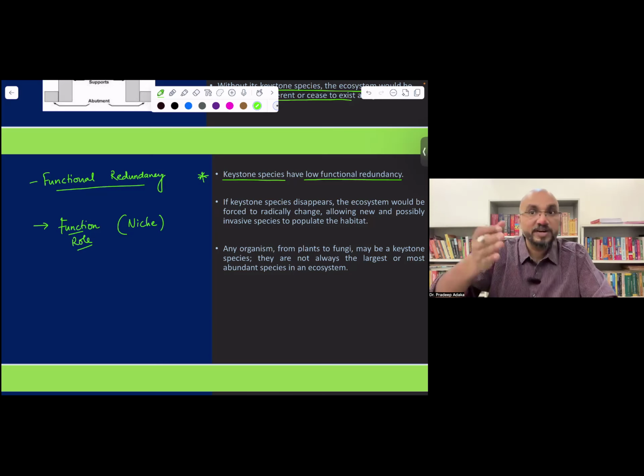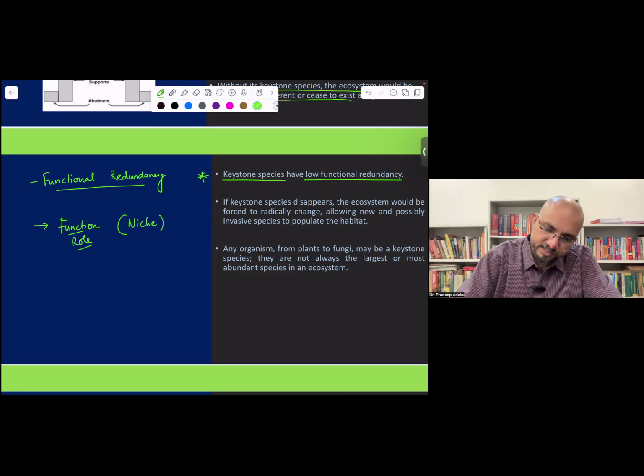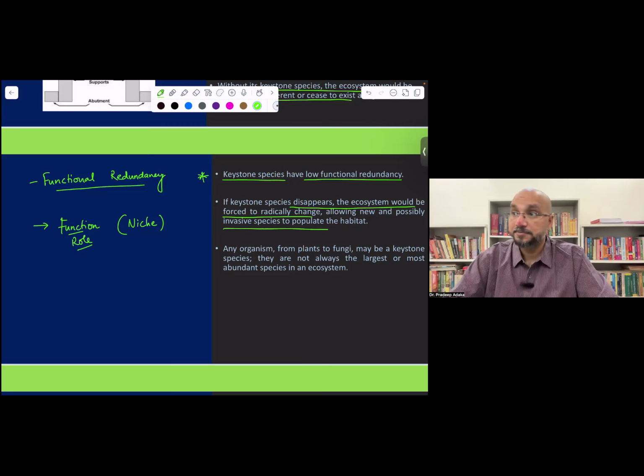That means the services provided by this species are very unique, and no other species can replace a keystone species. So if the keystone species disappears, the ecosystem would be forced to radically change, allowing new and possibly invasive species to populate the habitat. If the keystone species is gone, the ecosystem will collapse and invasive species may occupy the ecosystem.